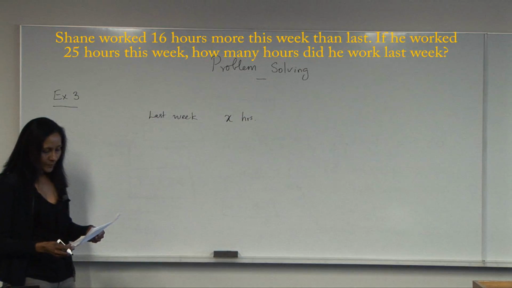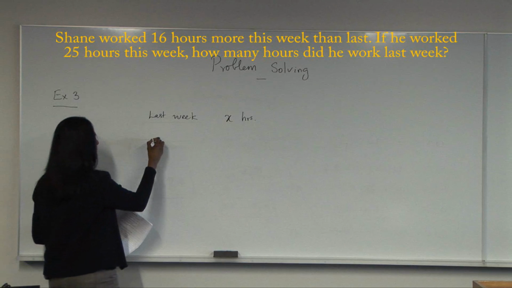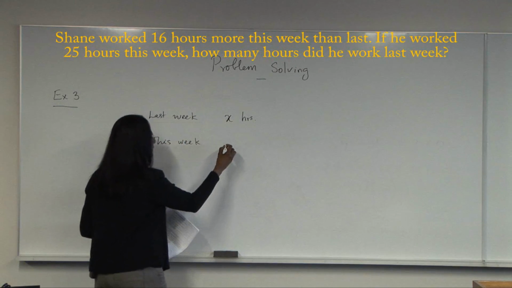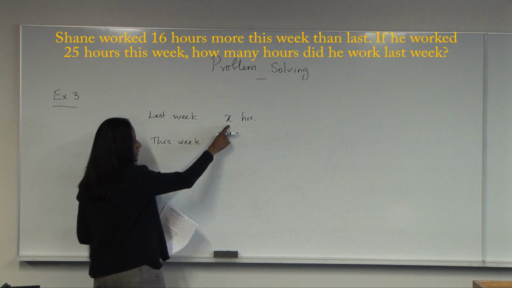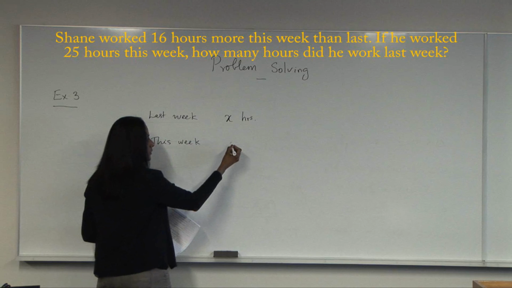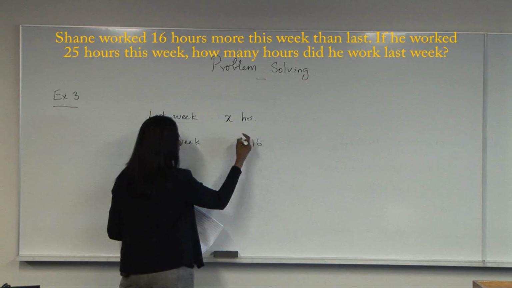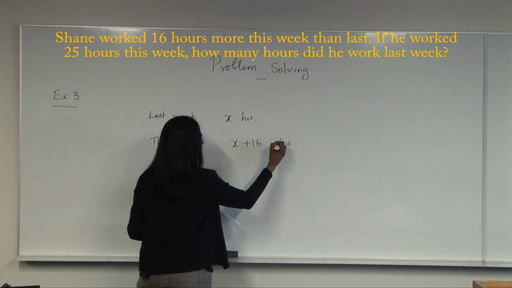Okay. So he worked 16 hours more this week. So this week he worked 16 hours more than the X hours. So what do you have to write? 16 more than the last week. So X plus 16 hours. Right?